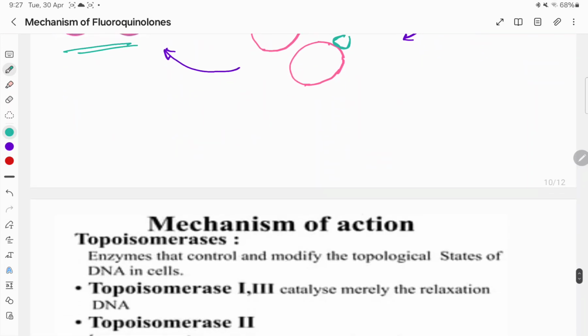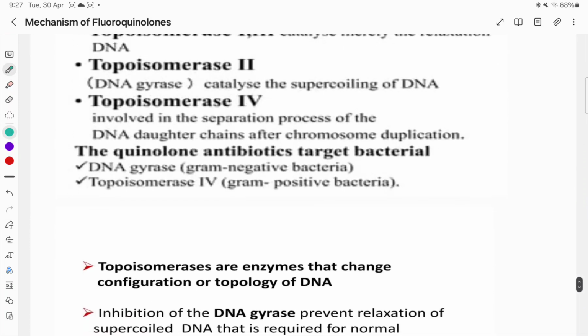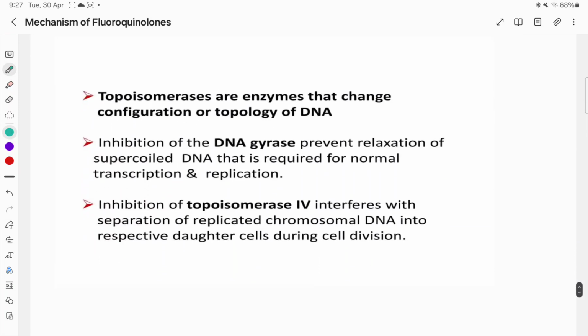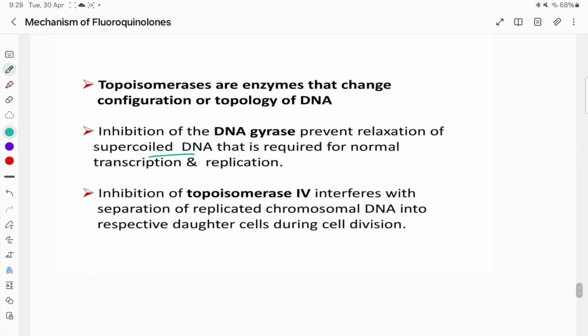As we have discussed, DNA gyrase inhibition prevents relaxation of supercoiled DNA that is required for normal transcription and replication. And the inhibition of topoisomerase 4 interferes with the separation of replicated chromosomal DNA into respective daughter cells.